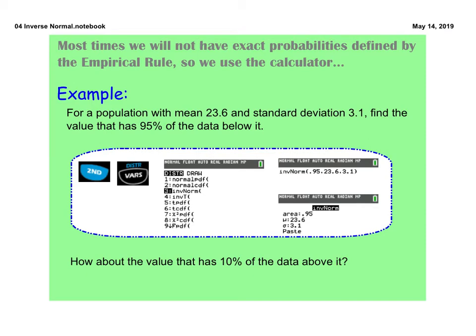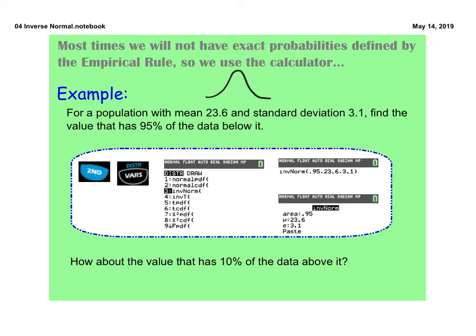Now you've got to be really careful with this, because we do have the 95% memorized. Keep in mind that 95% is from, so here's our mean right here, and then here's one standard deviation and two, and here's one standard deviation and two. So technically this section right here is 95%.